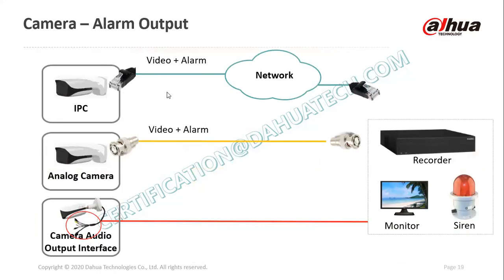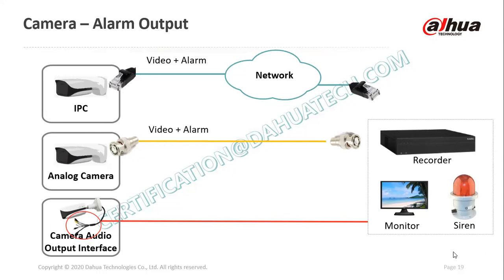You can have an alarm output from the camera using the Ethernet, where the signal is sent to the NVR, then the NVR connects to a third party alarm system. You can have a scenario with an analog camera where the video also comes with the alarm. The BNC coaxial cable will transmit video, audio, and even alarm signals.